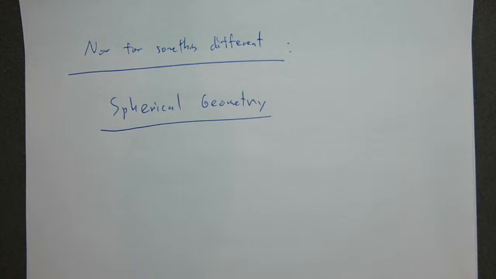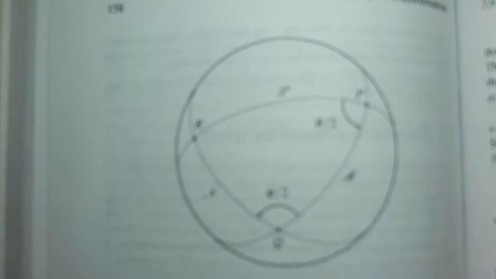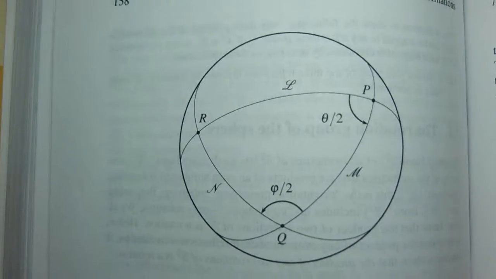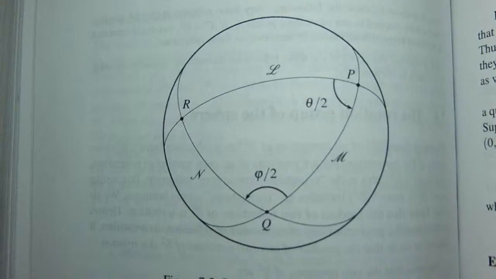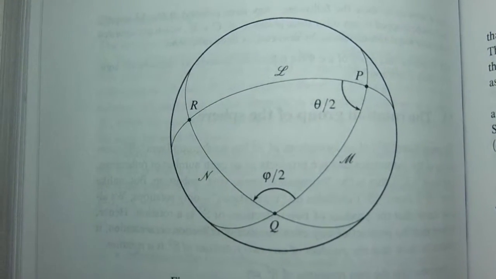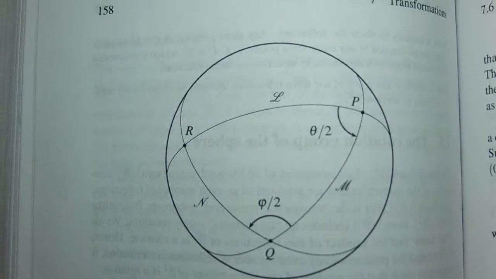It's spherical geometry. It is doing geometry on a sphere. So, for instance, let me get a good, nice picture here. Something like this. Here's a very nice picture of doing stuff on the sphere. You might have seen a lot of diagrams like this before.